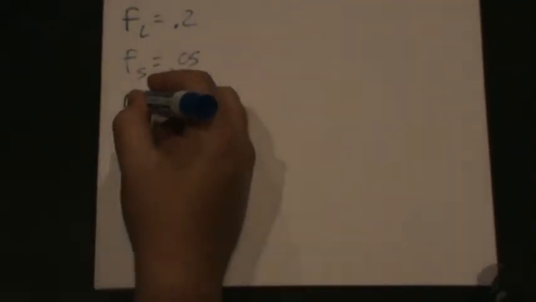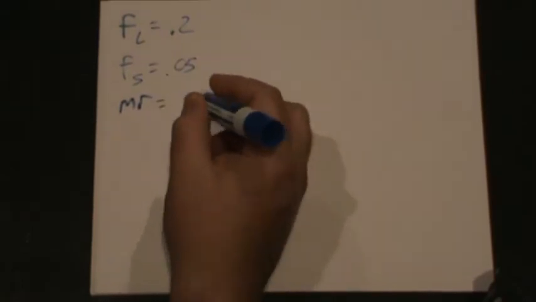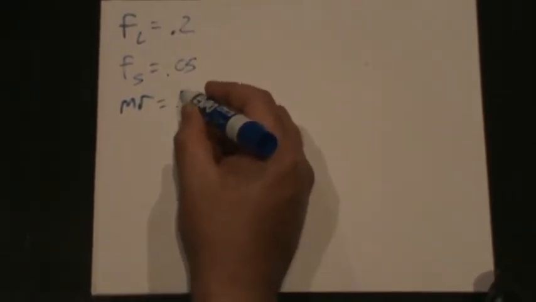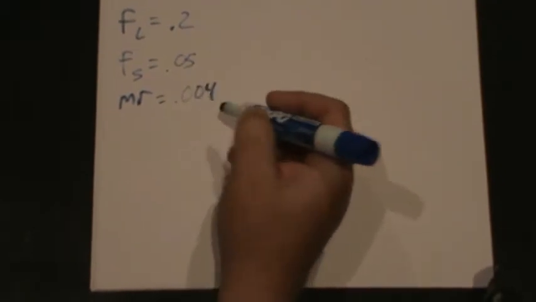We're going to assume for the moment that our miss rate is going to be somewhere around, let's say, 0.004. This is actually a fairly good miss rate, but we'll start off with a fairly low number just to get a decent calculation off it.